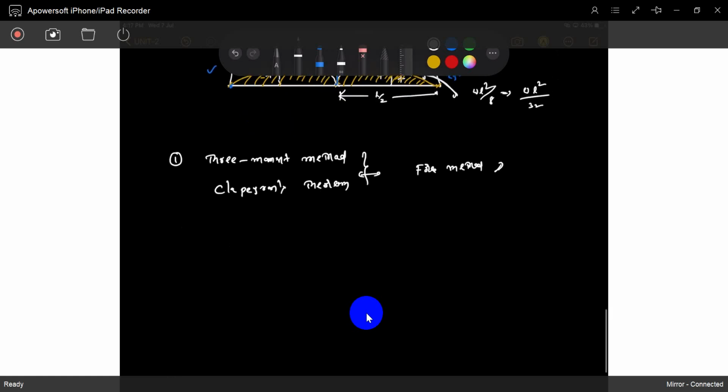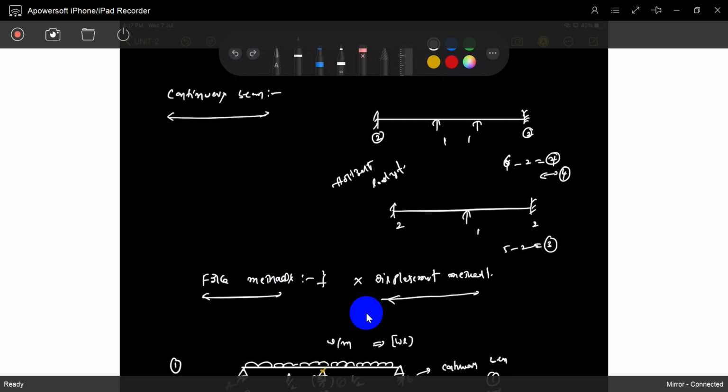If you take any continuous beam, I will assume it like this.